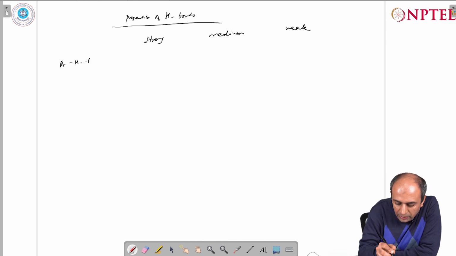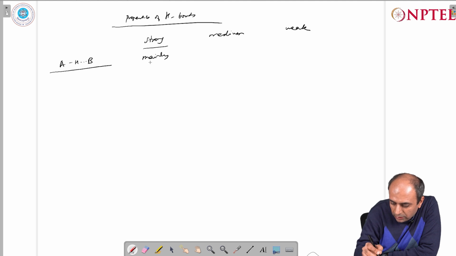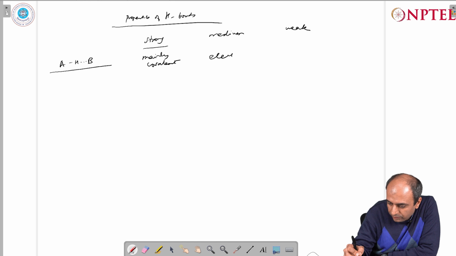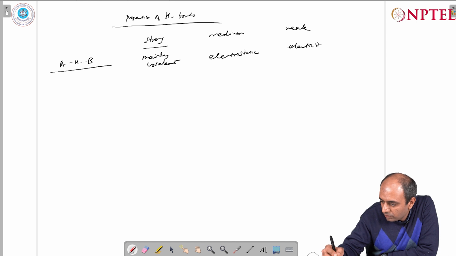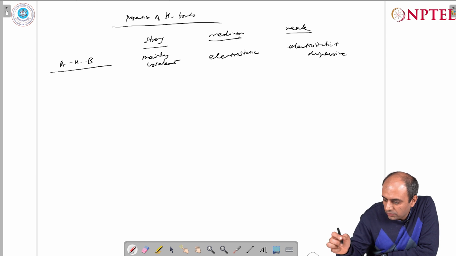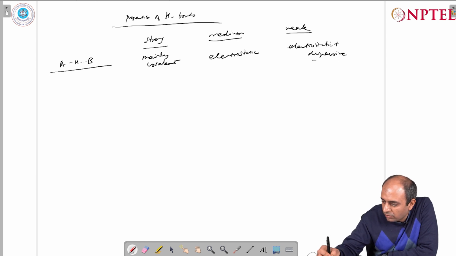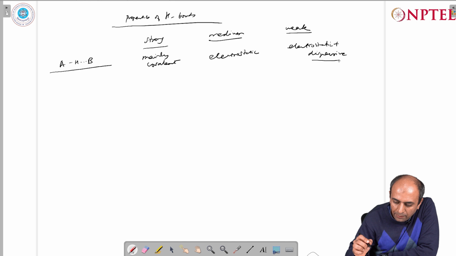In case of a strong hydrogen bond, these are mainly covalent in nature. The medium ones are electrostatic, and the weak ones are both electrostatic plus dispersive. So now you see that for weak interactions, similar to van der Waals interactions, we also have the dispersive component in the hydrogen bonds.